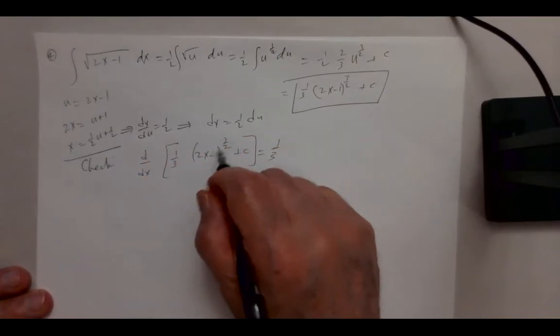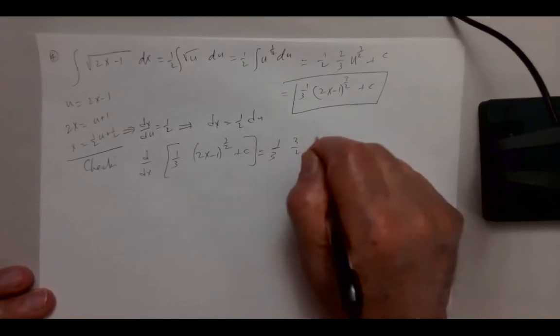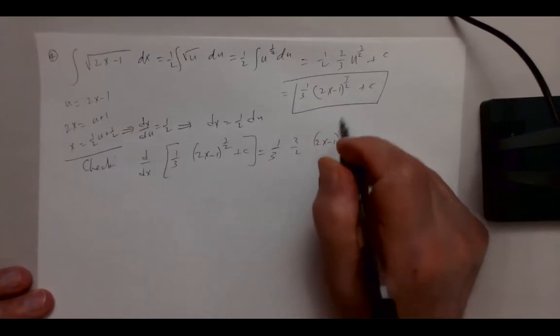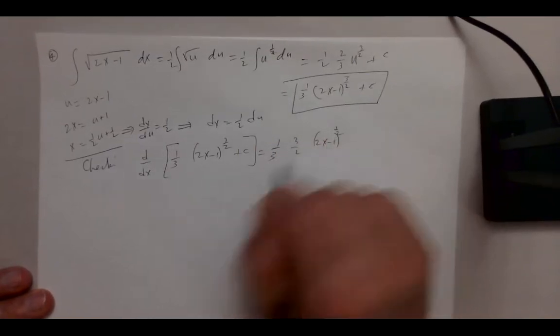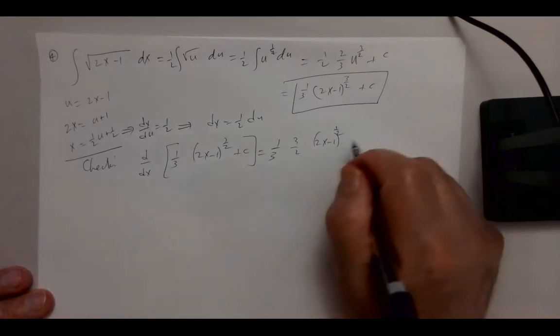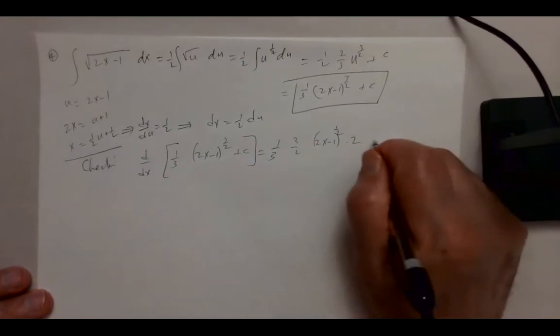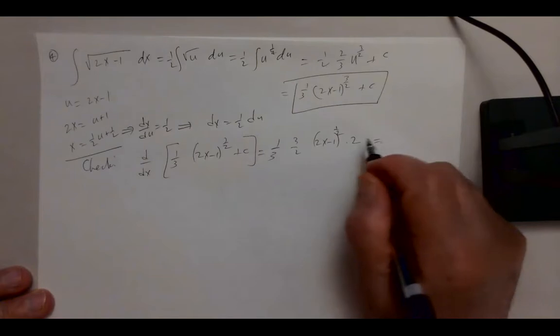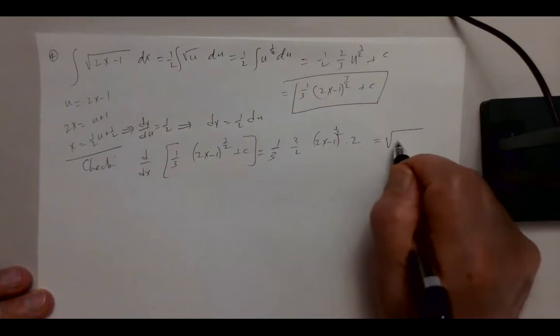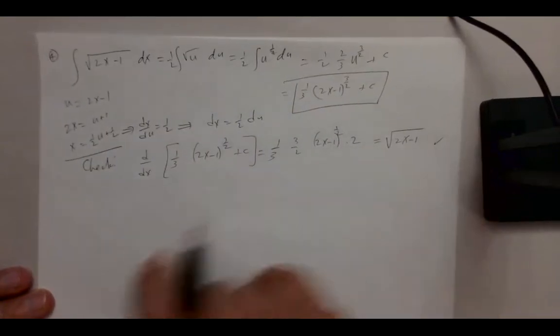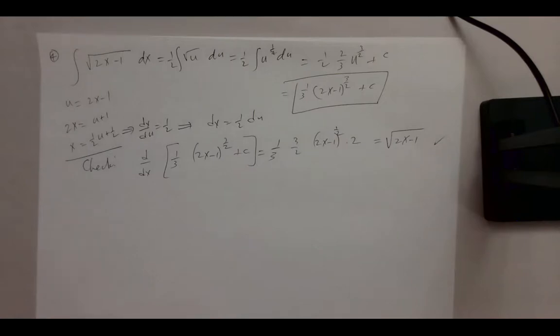The derivative of something to the 3/2 power is 3/2 times (2x minus 1) to the 3/2 minus 1, which is 1/2, times the derivative of 2x minus 1, which is 2. 2 cancels 2, 3 cancels 3. This is just the square root of 2x minus 1. So that works again. Oh, that's pretty good.